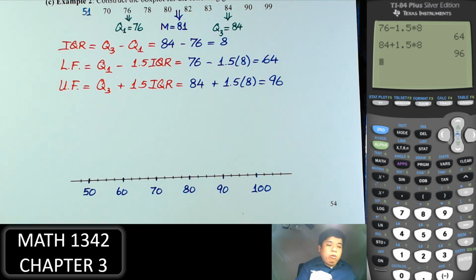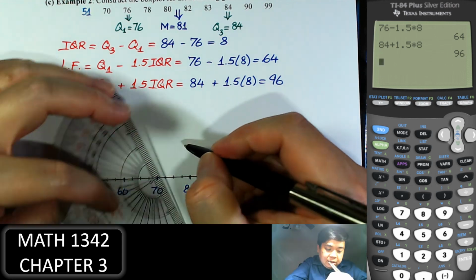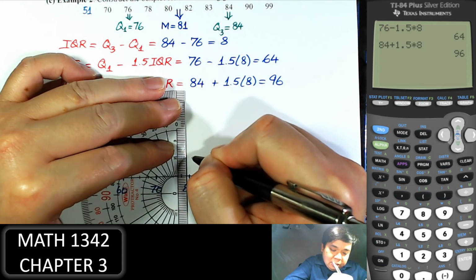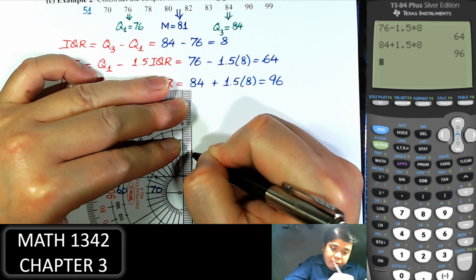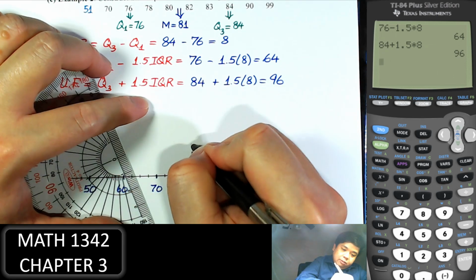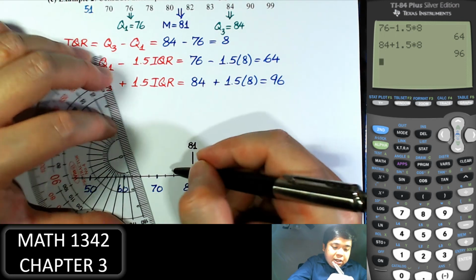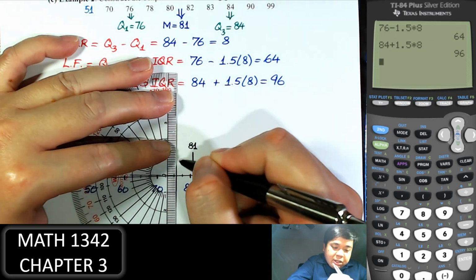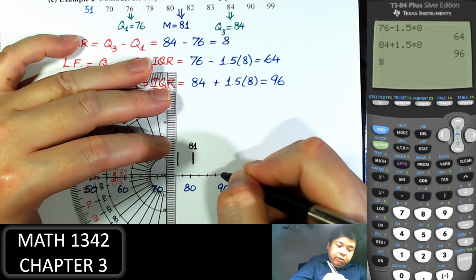Now, first we draw the median and the two quartiles. 81 is the median. 76, and 84.